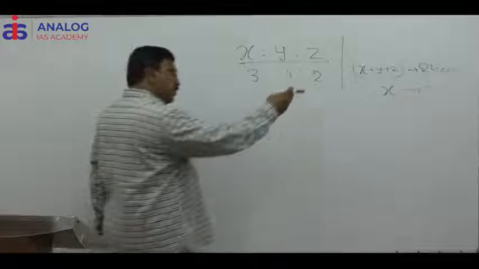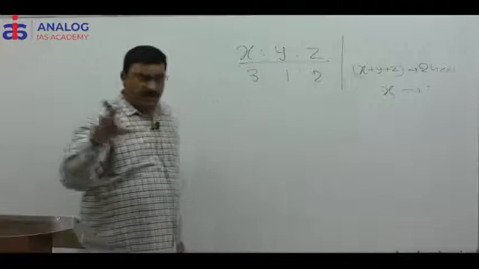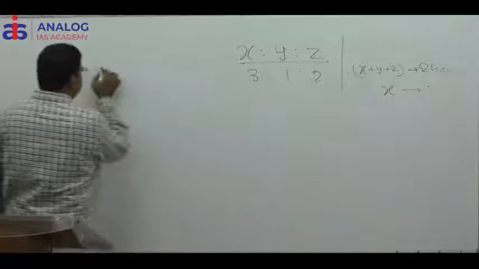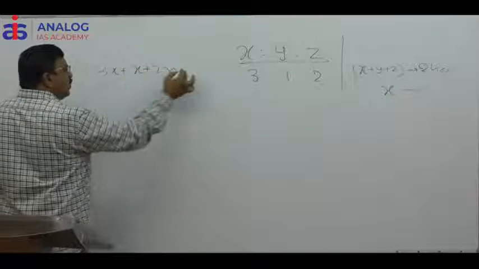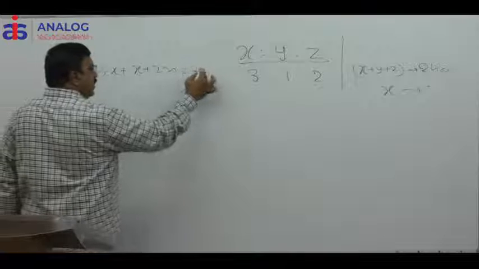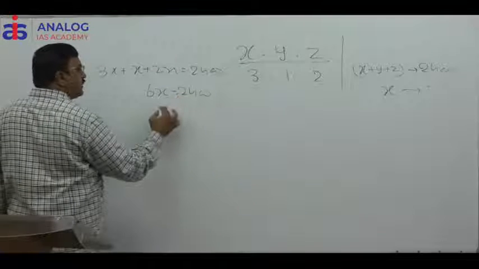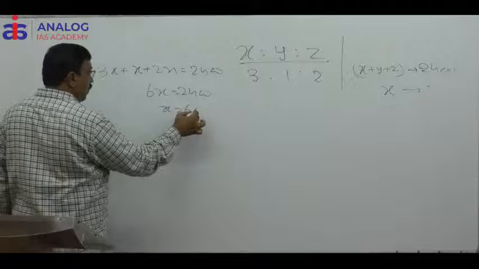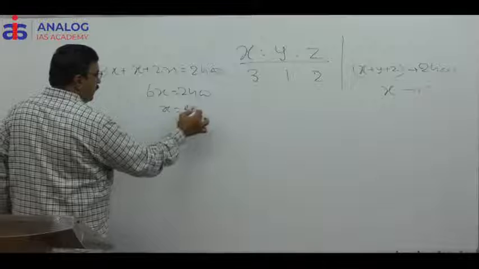So, you must have tried the 3x, 1x and 2x like that, right? Those who know the x method: 6x is equal to 2400, x is 400. 2400 by 6 is 400.